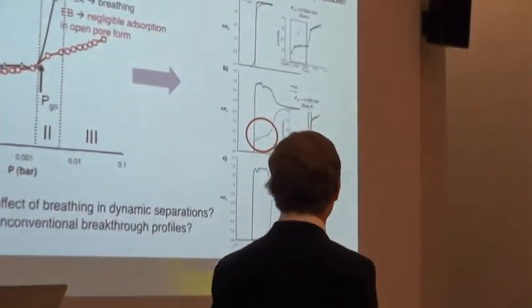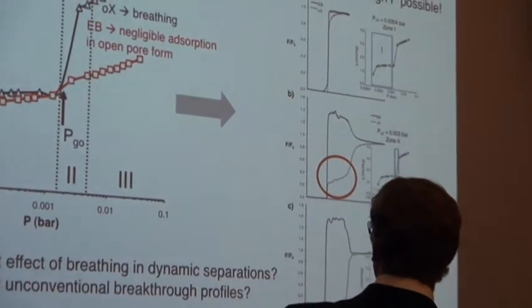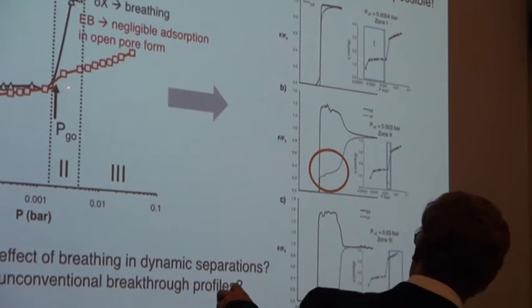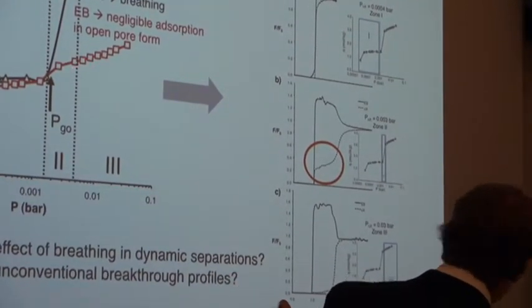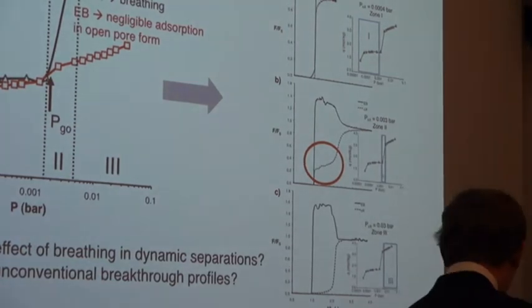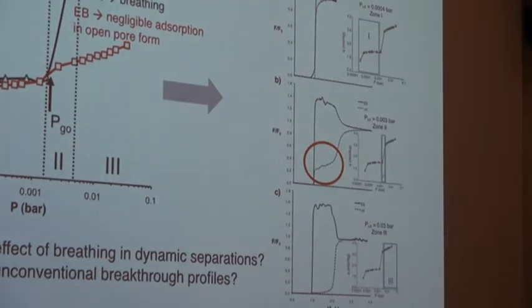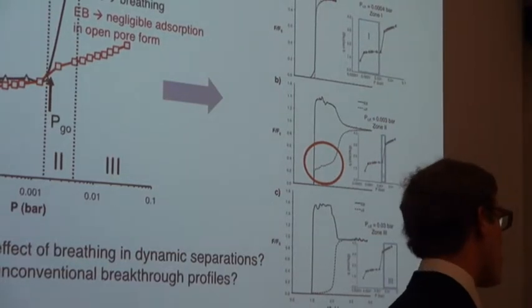But for the ethylbenzene, we say that the isotherm goes like this. But in reality there's a little step in there, and we just say no, it's not there. Just a first rough approximation.